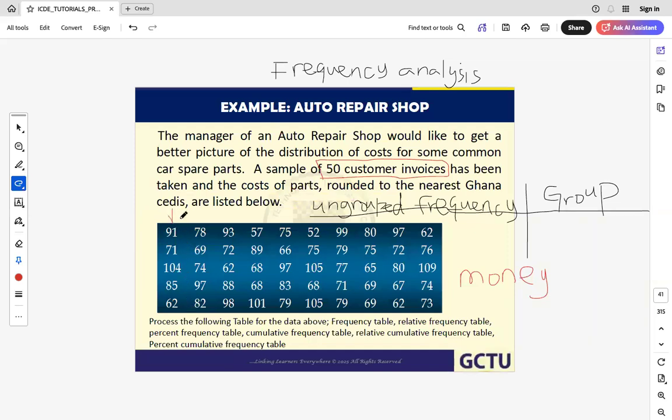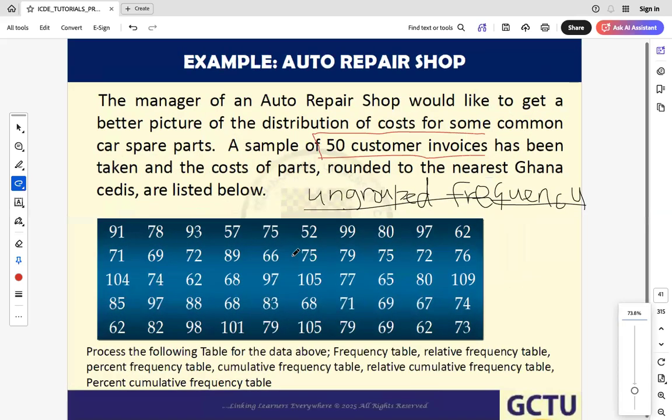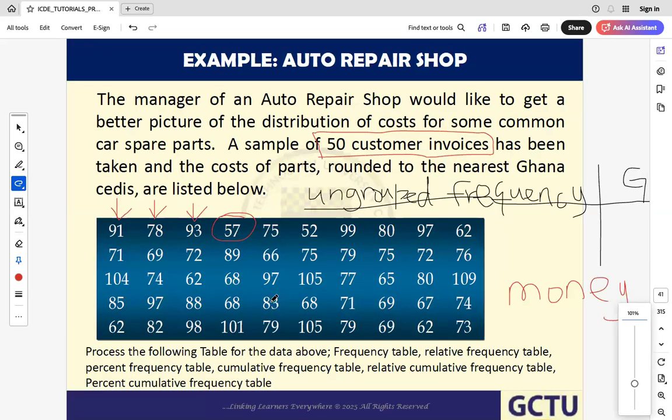I don't see any number 50 to 59 here. I don't see same here, 50 to 59. I don't see same here. But I see 57 here, which qualifies to be between 50 to 59. So I pick it up. No problem about that. I come here.